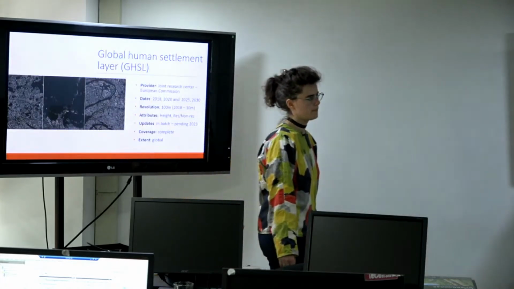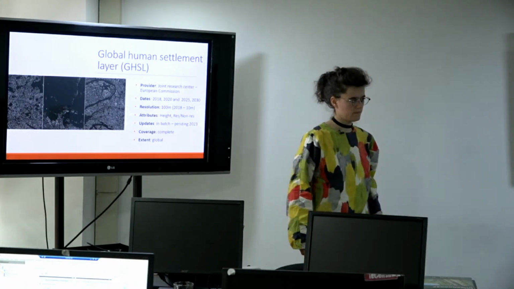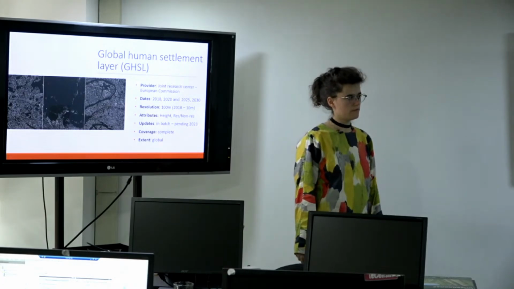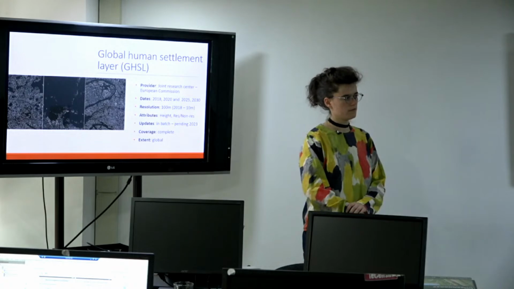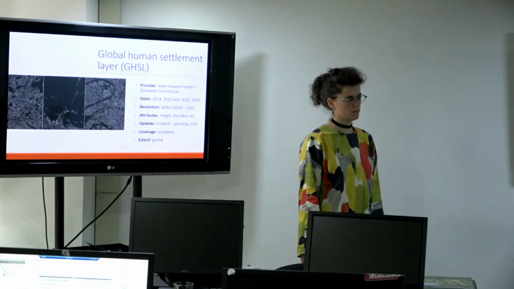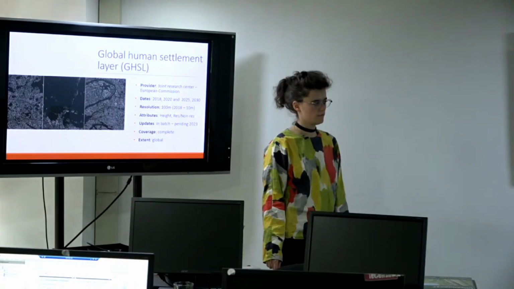I was looking at the webpage of the Global Human Settlement Layer, and it says that if you want the smallest resolution, like 10 meters, you will not have the most recent images, but if you want the most recent images, for example, the ones from 2020, you will not have that good resolution, maybe 100 meters or maybe 1 kilometer.